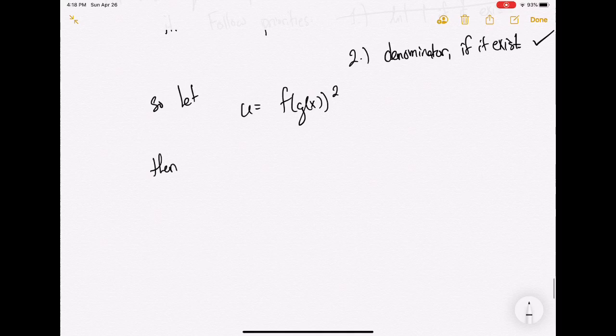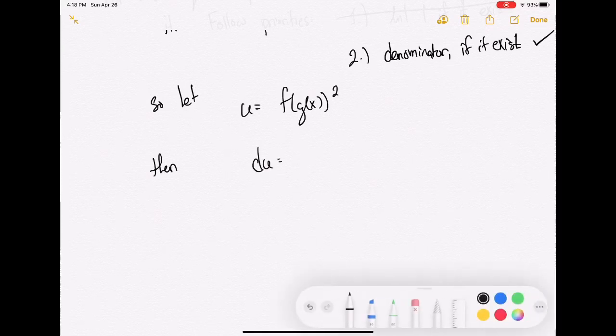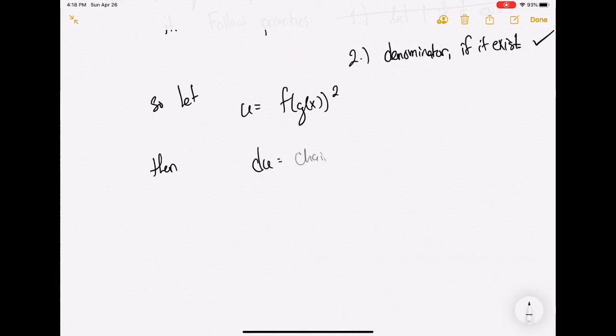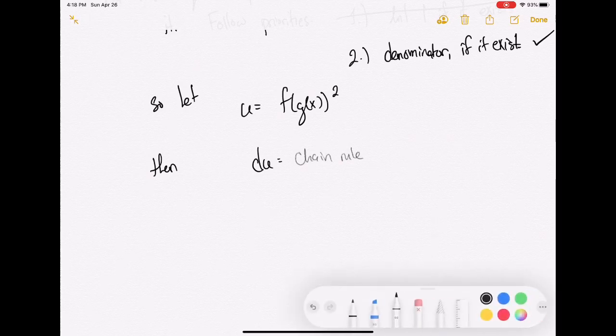So let u equal f of g of x squared. Then du is, okay, this is a chain rule problem.